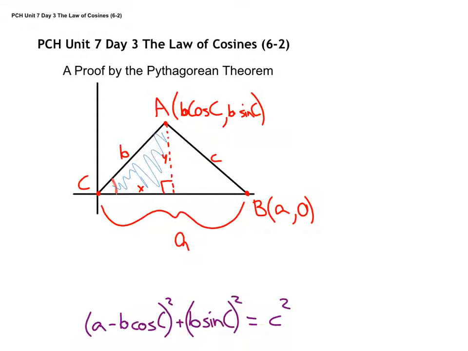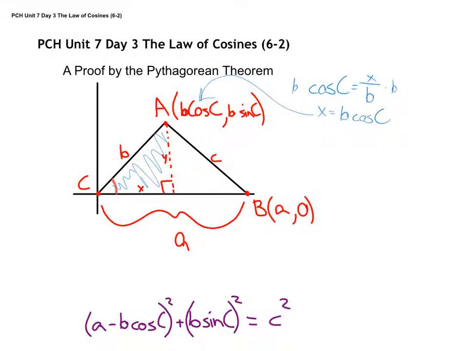So I'm going to use right triangle trig here, and I'm saying that the cosine of angle C is the x coordinate over side B, because B is the hypotenuse of this little right triangle here. Of course, now I multiply both sides by B, and I get x equal to B times the cosine of angle C. And that's where we get this x coordinate from.